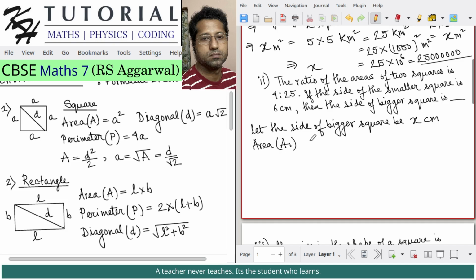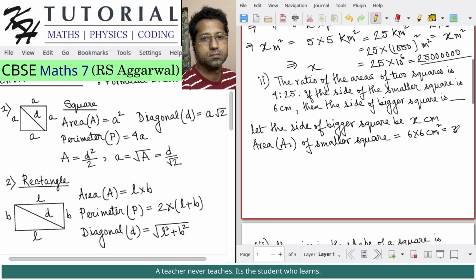Okay, so area, let it be A1, area of smaller square, will be equal to, since the side of the smaller square is given to be 6 centimeter, 6 multiplied by 6 centimeter square.